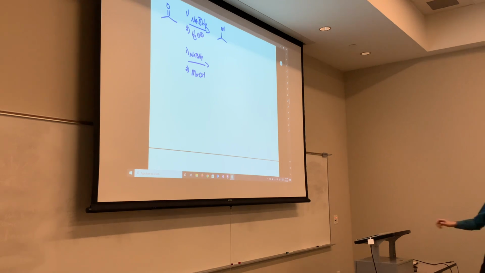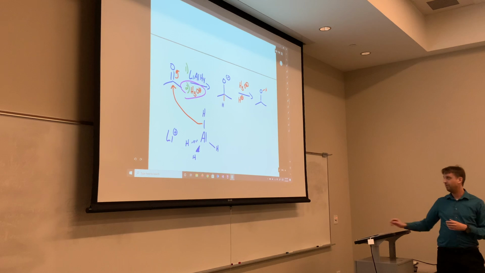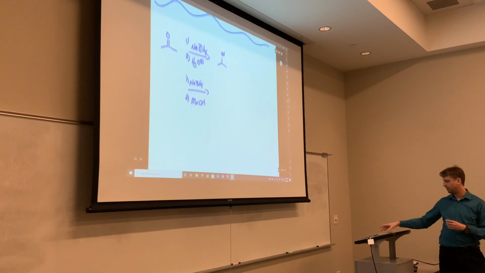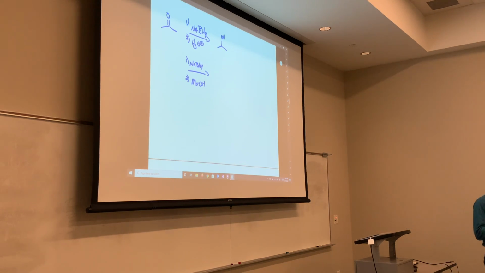Right? So remember, the reason why we have to do an acid workup is to protonate the O-. So what do you think the point of the methanol is? It already has that acidic hydrogen. It has the capability of doing that. It can reprotonate that O minus there.